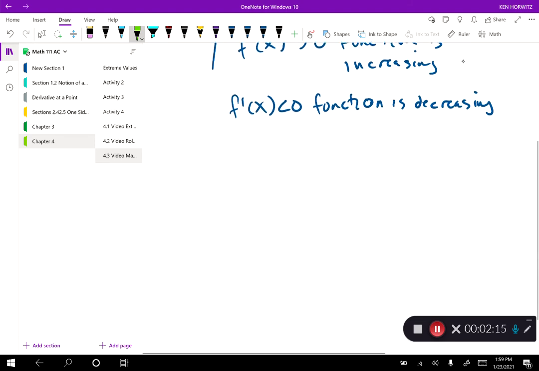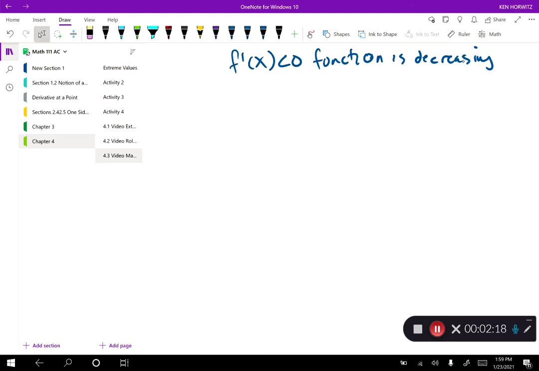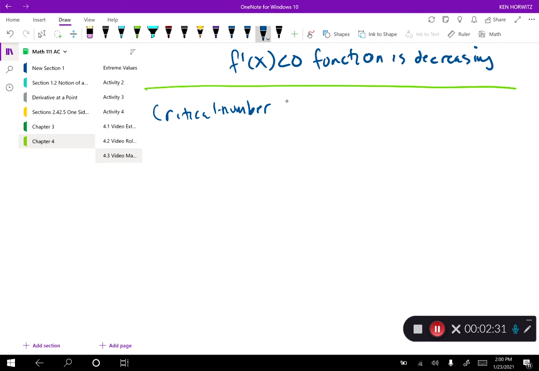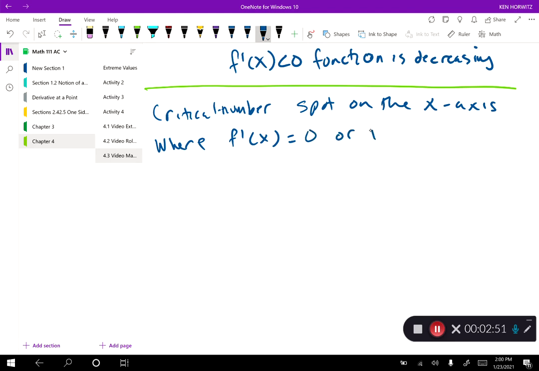All right, so in the last video, we talked about critical numbers. So let's review for a minute. A critical number is the spot on the x-axis, so it's the x value of the point where my derivative equals 0 or is undefined.